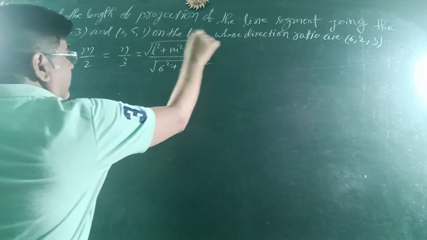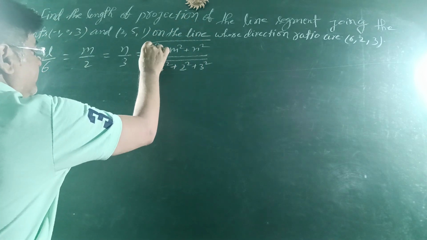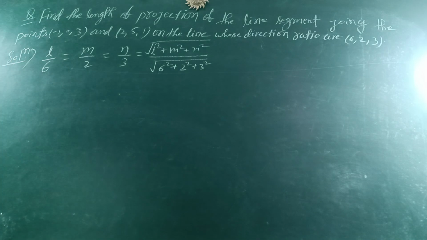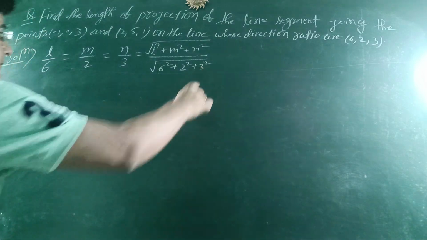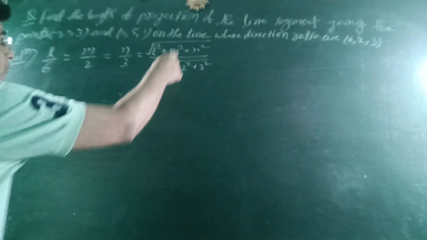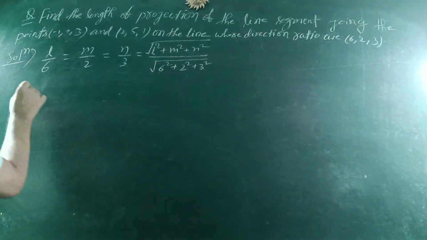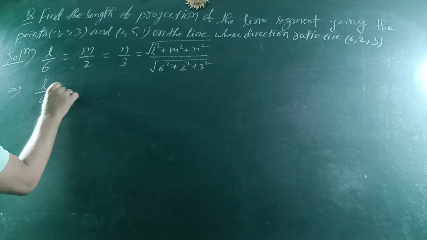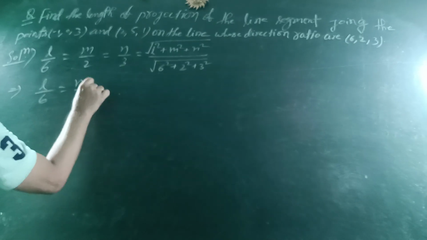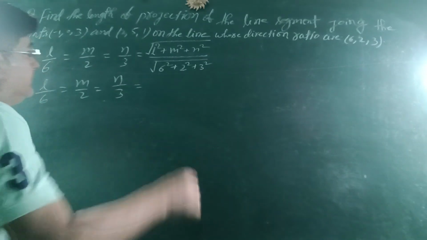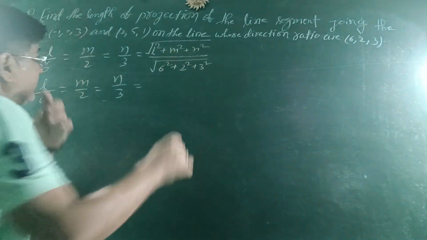Taking the under root, L square plus M square plus N square by 6 square plus 2 square plus 3 square. This implies L by 6, M by 2 and N by 3 is equal to the square root of L square plus M square plus N square.